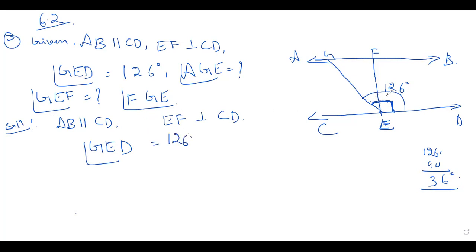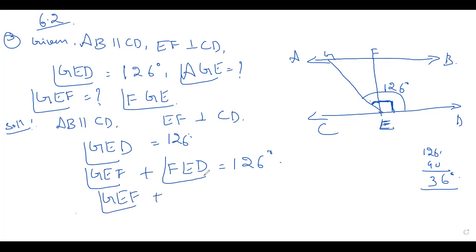Right now, so which two angles are there between GED? Write both the angles. Angle GEF plus FED. Two angles are there, I am writing them. Both angles together come to 126 degree. In that we know one angle, right?